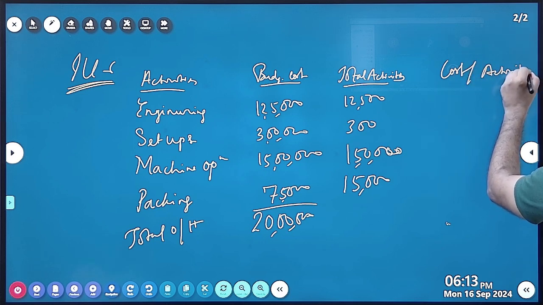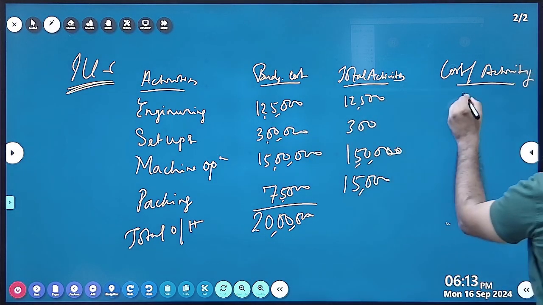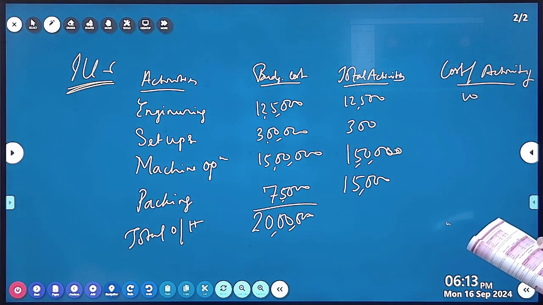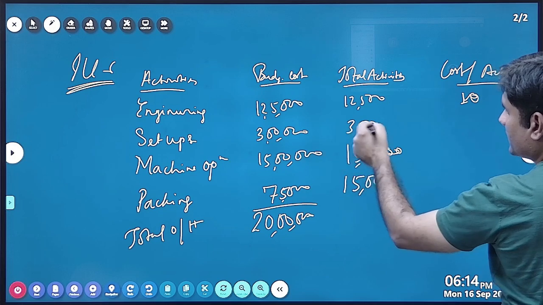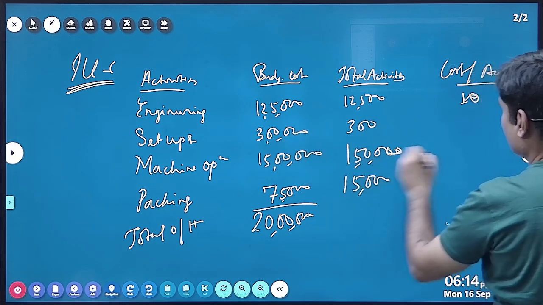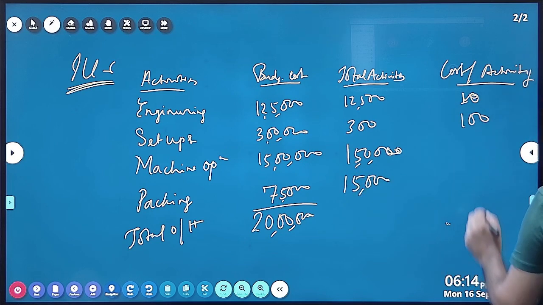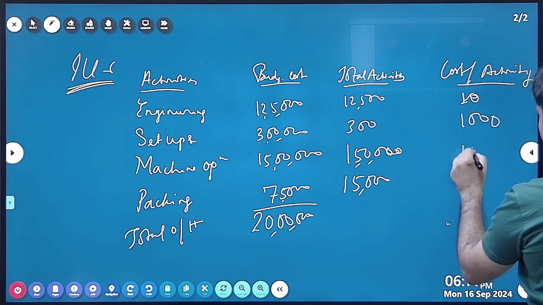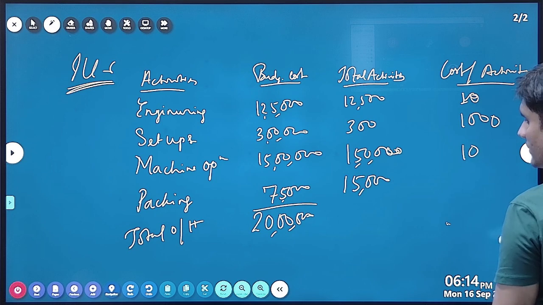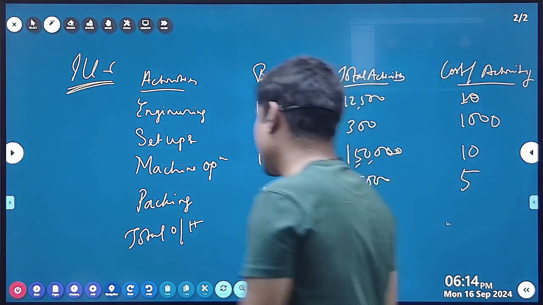How much will it be? 10. Setup how much? 1000. 10. 5. So we have found out the cost per activity.